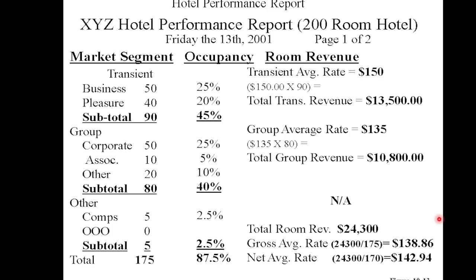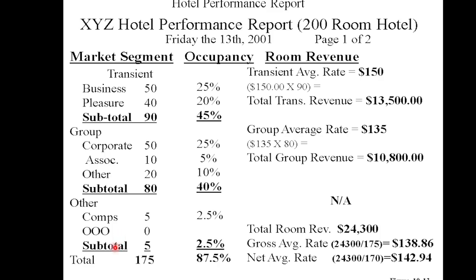Okay, for other occupancy, as you can see, other is part of the market segment. COMPS means complimentary rooms. These are rooms given free of charge. So they are free. OOO is out of order.